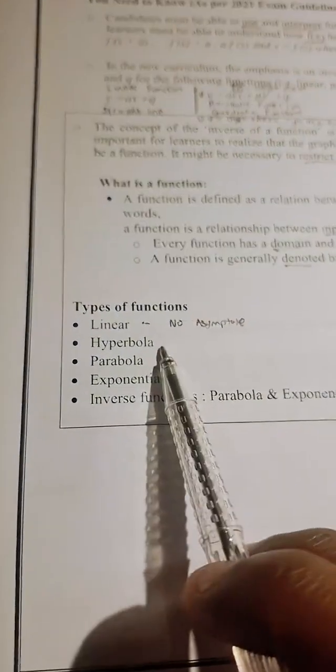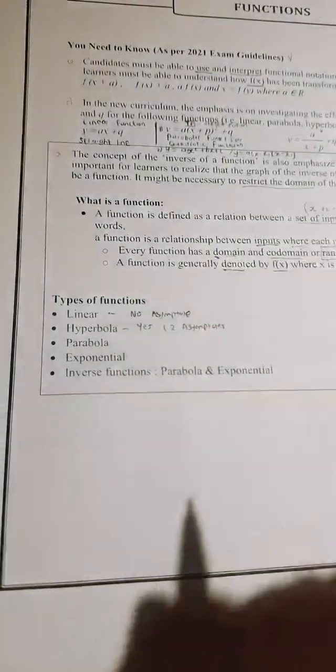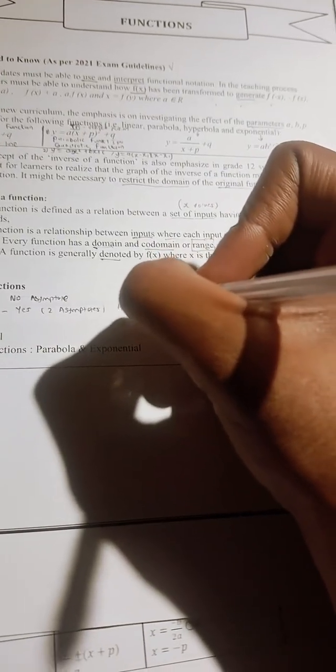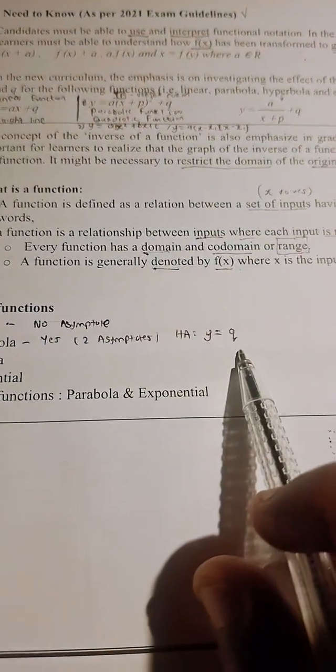Linear, no asymptote. Linear function doesn't have an asymptote. Hyperbola, yes. How many asymptotes? 2 asymptotes. Always 2 asymptotes. Your hyperbola has 2 asymptotes. There's a horizontal asymptote, which is usually given by y is equal to whatever the q value is.